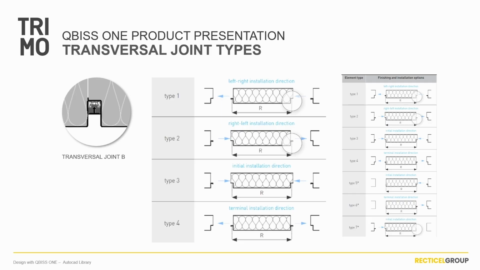Depending on the complexity and direction of installation of the facade design, different types of transversal joints can be applied, providing both functional sealing and architectural flexibility. For your information, the different types shown on the slide will be explained later when we move to AutoCAD.